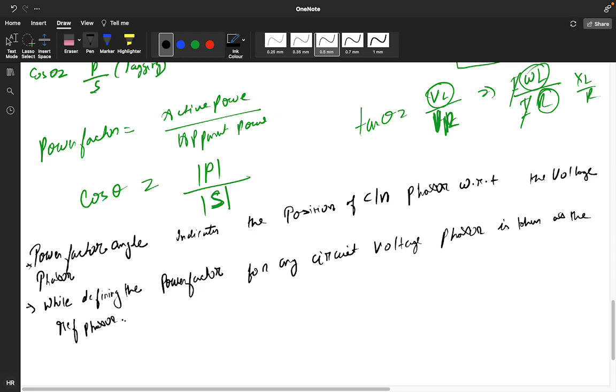Okay, because in a real time system all the loads are connected in parallel. Okay.